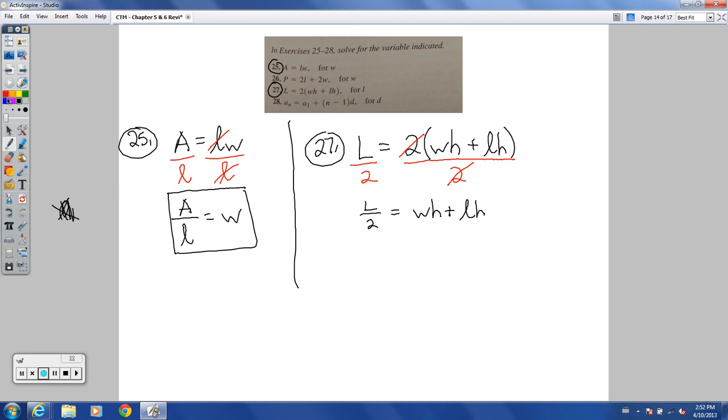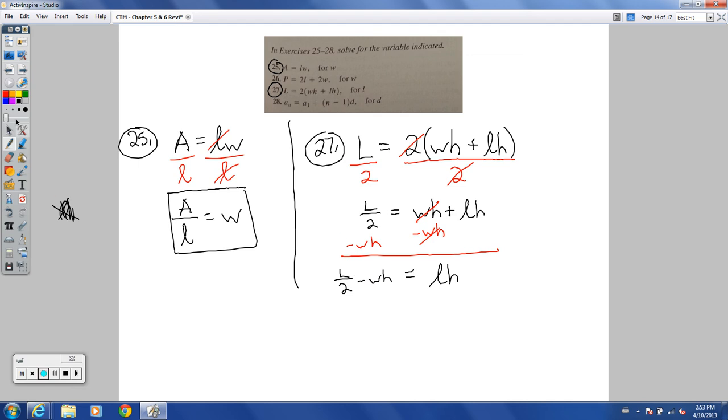And I could subtract WH from both sides. I could also do something else, but I'm going to go with subtracting WH from both sides. Sometimes there are different ways to go about this. So subtract WH here and here, that would cancel out there and there. And I'd be left with L over 2 minus WH equals LH.